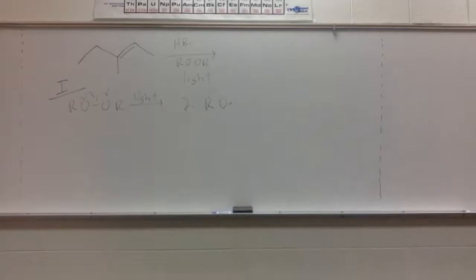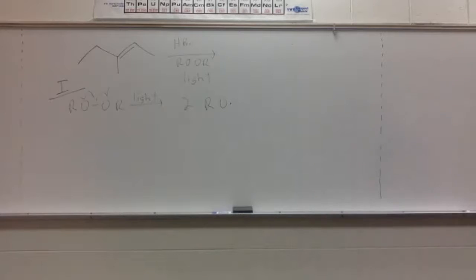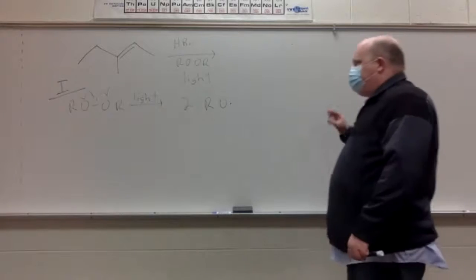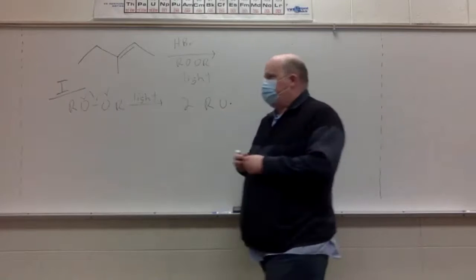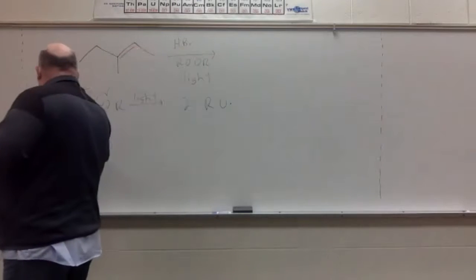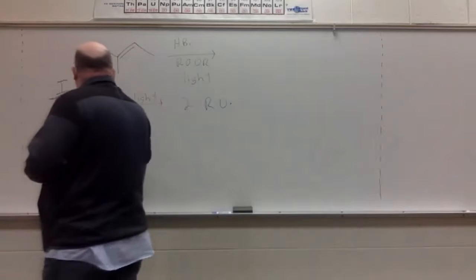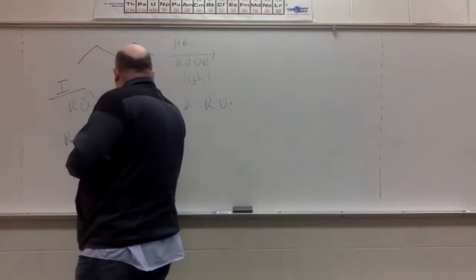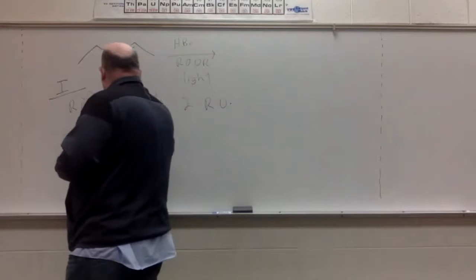Now, this is kind of unique because of the mechanisms that you've learned so far, initiation has only had one step. For this particular type of reaction, there's actually two parts of initiation. The first part is making this, and then one of these interacts with HBr.